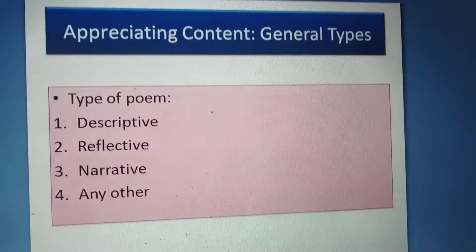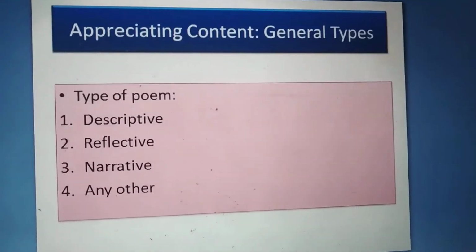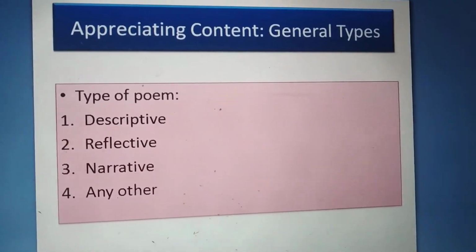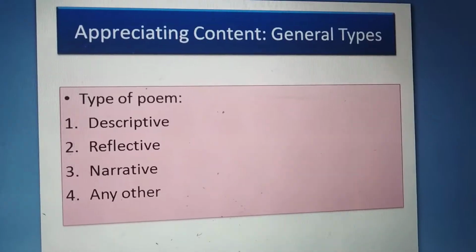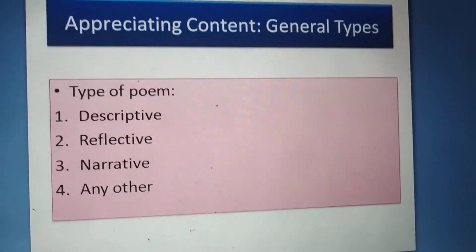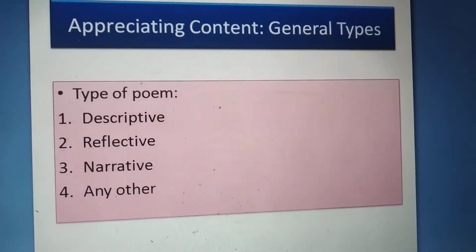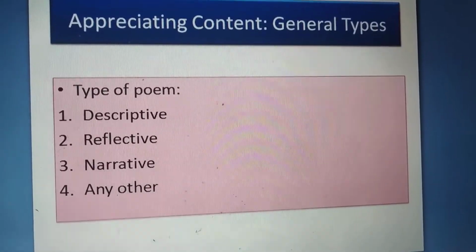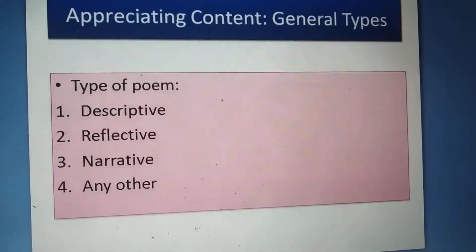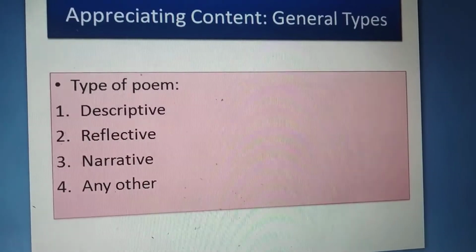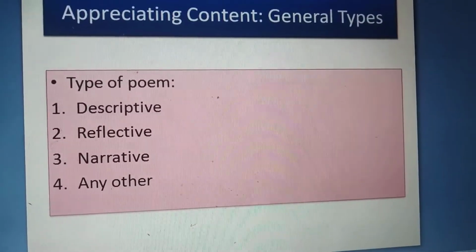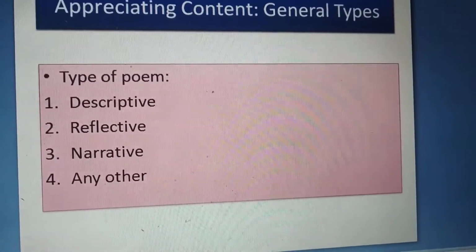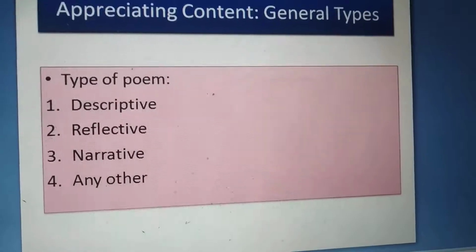While discussing the content of the poem, we first try to find out what kind of poem it is. Generally, poems are of 4 types. They can be descriptive, reflective, narrative, or of any other type.